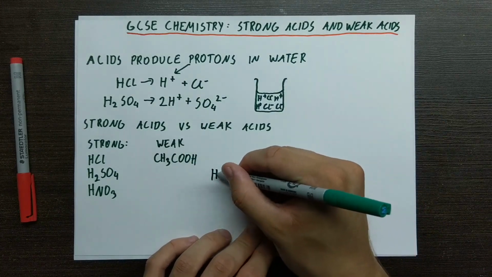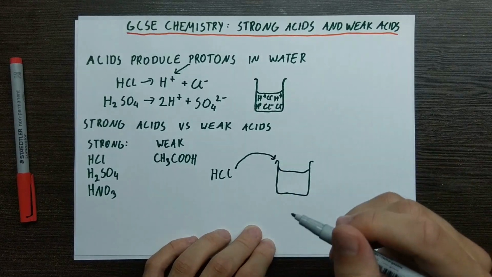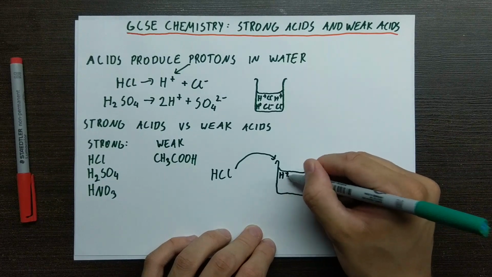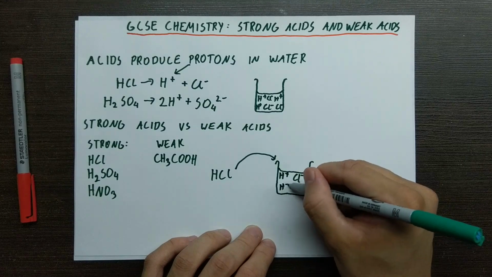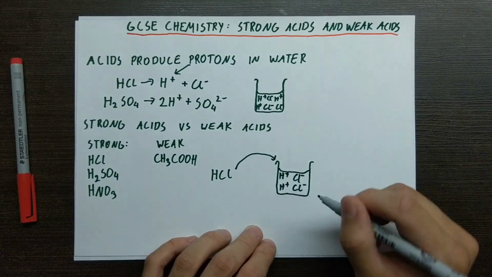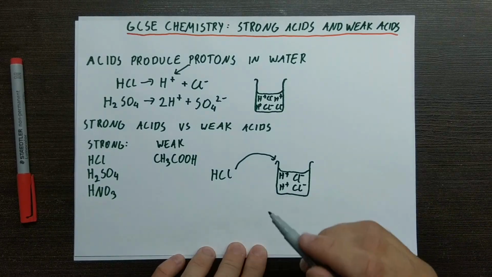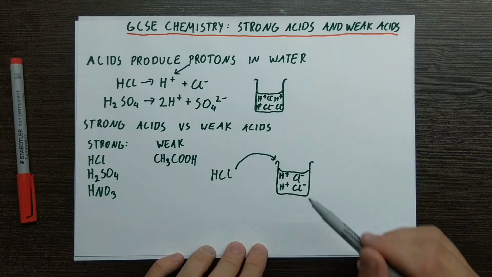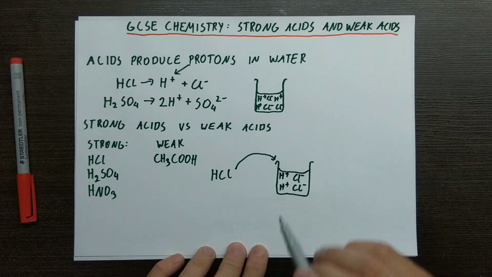We put hydrochloric acid into that cup, and like I already said, it dissociates into these ions, the positive hydrogen ions, the protons, and the negative chloride ions. The important thing here is that every single HCl molecule that goes into water will split into those ions, every single one of them.